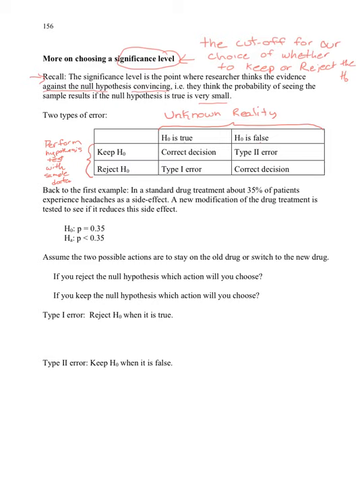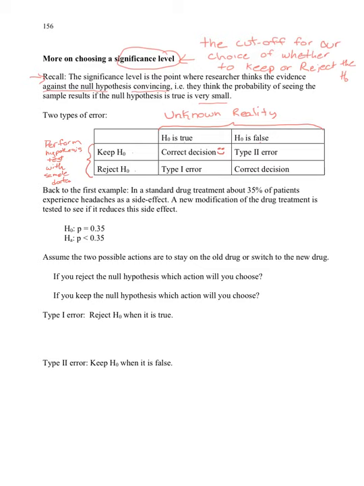And when we perform our hypothesis test with the sample data, we're either going to keep the null hypothesis or reject the null hypothesis. Now, if we keep the null hypothesis and the null hypothesis in our unknown reality is true, we are happy because we've made the right decision.